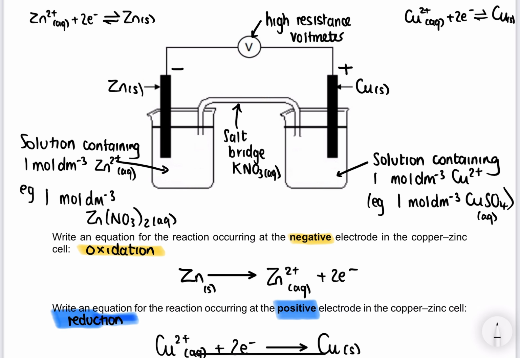Electrons are always attracted to the positive electrode, so they flow from the negative to the positive. So delocalized electrons leave the surface of the metal, they travel up the wire and push against the high resistance voltmeter, and those of you who do physics will know that very few electrons actually pass through a high resistance voltmeter.